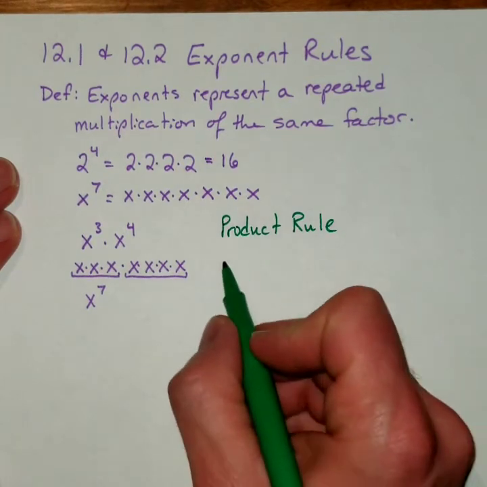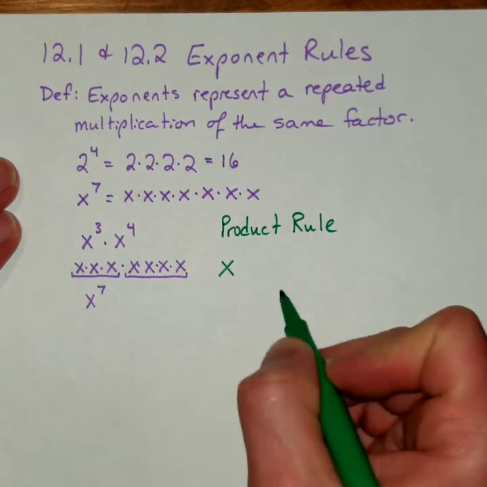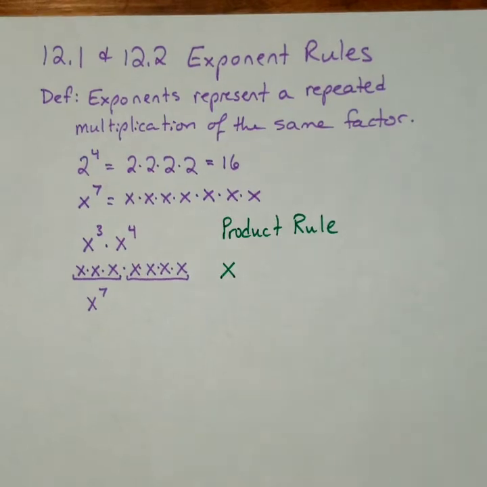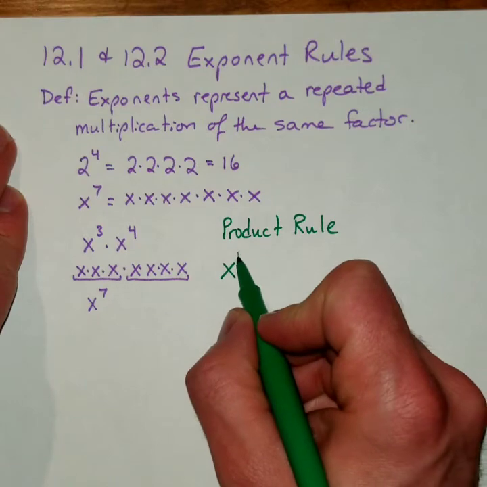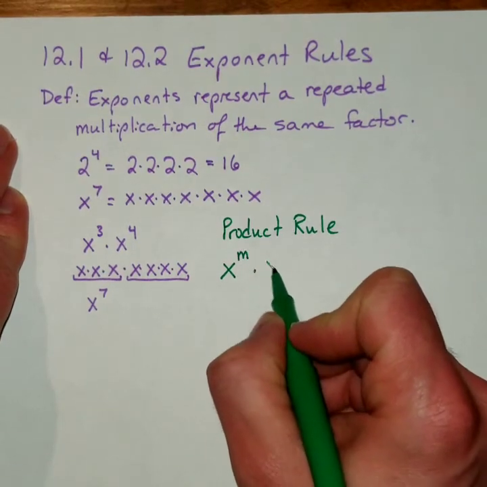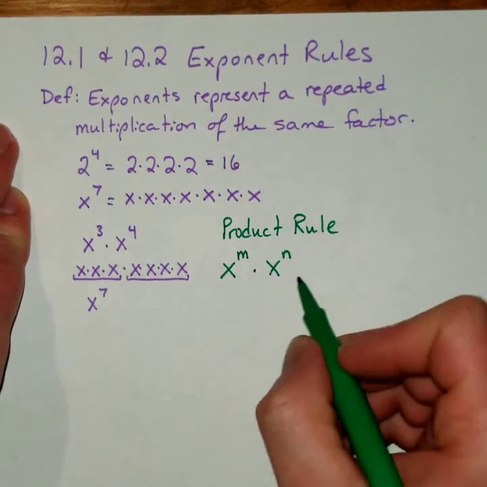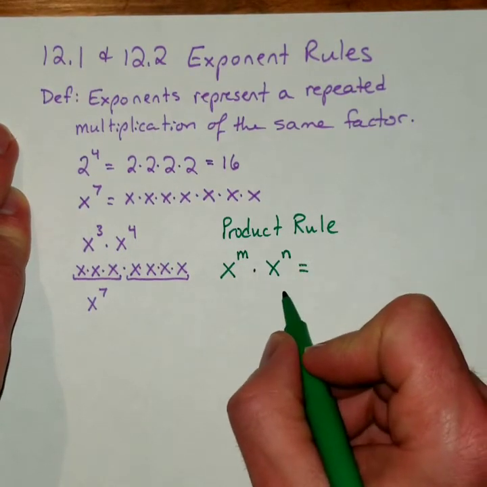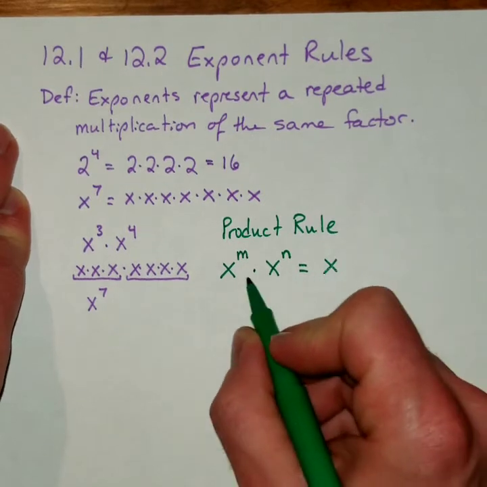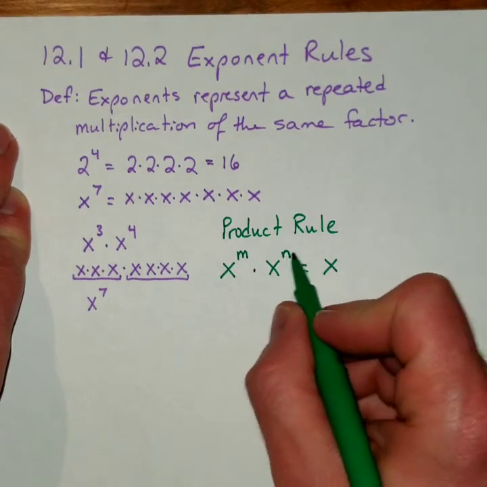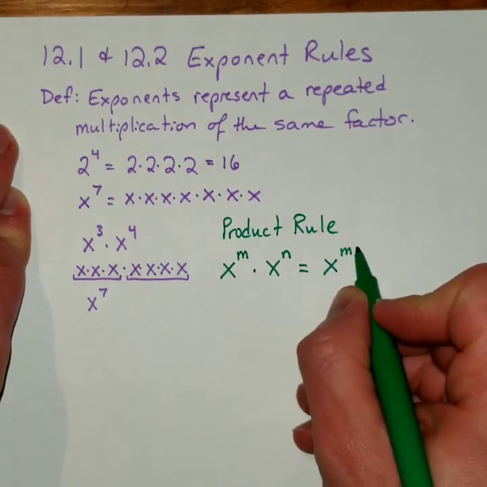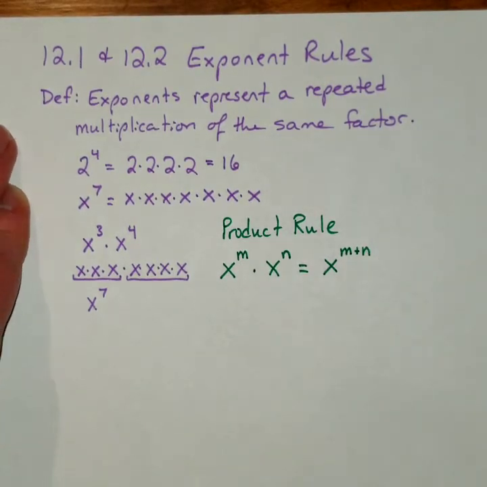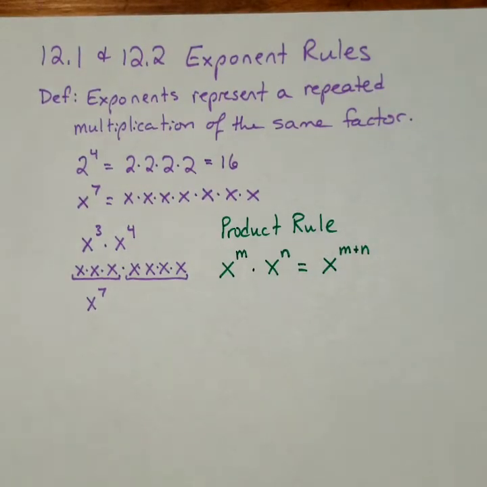The product rule basically says if you have a power like x to the m multiplied by x to the n, so a product of 2 powers, then you combine them using the same base, but then adding the powers together, m plus n. Okay, so we're just adding the powers.